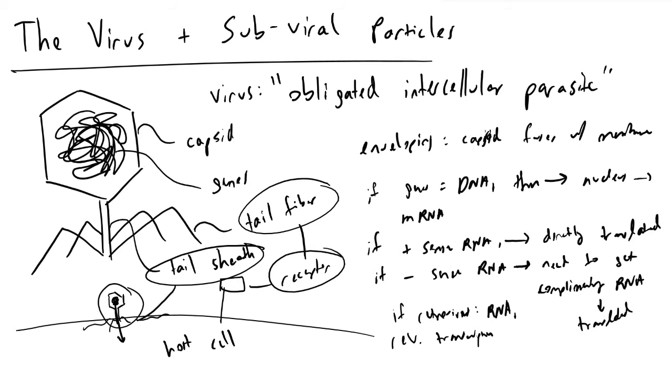And what happens is the virus will contain the genes to create a reverse transcriptase that will turn its RNA into DNA. And once the DNA is created, that DNA will be incorporated into the host's genome.